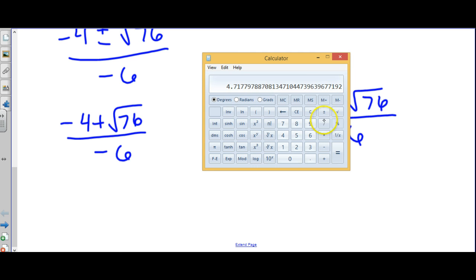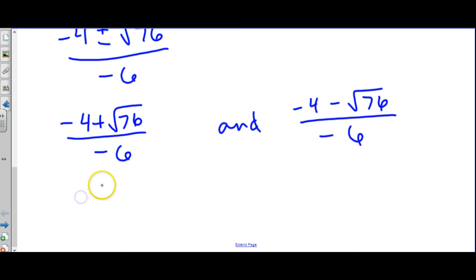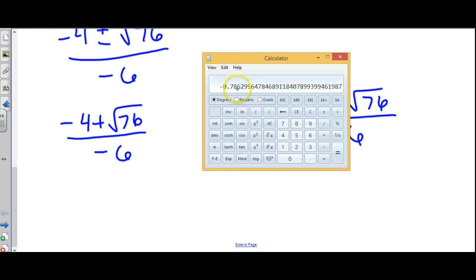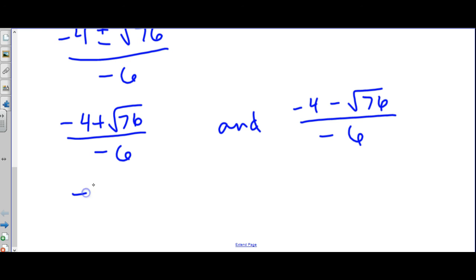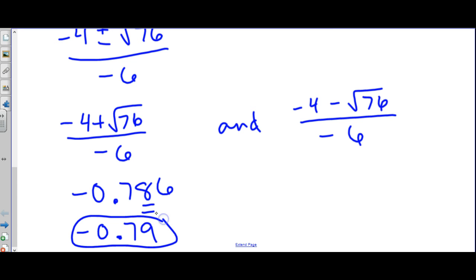Now I'm going to divide it by the negative 6. That gives me negative 0.786. It wants it rounded to the hundredths place, so that 8 will either stay an 8 or round up to a 9. Since the number next to it is bigger than 5, this will round up to a 9. So that's your first answer.